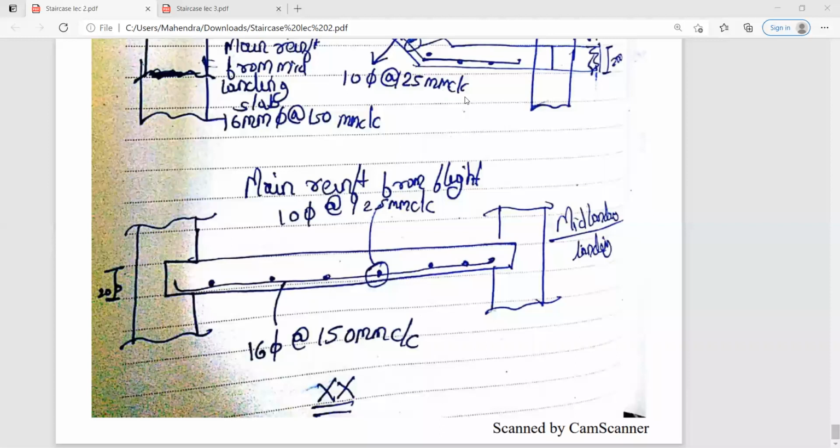So anyone is having any query? Everyone understood up till here? Should I proceed with the third sum? Yes, everyone understood?